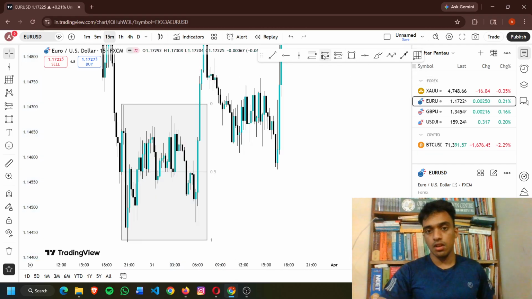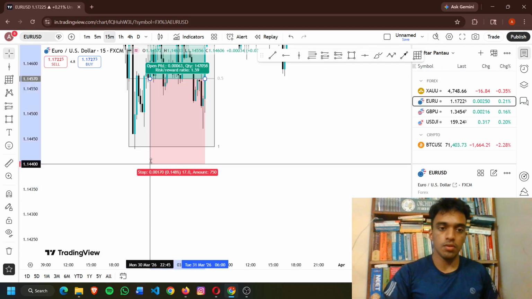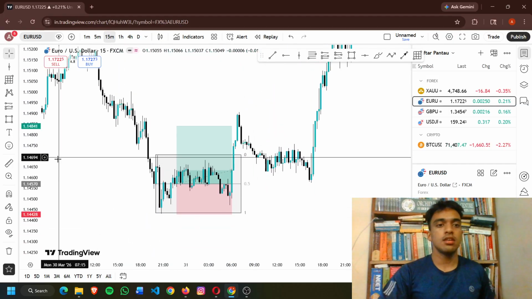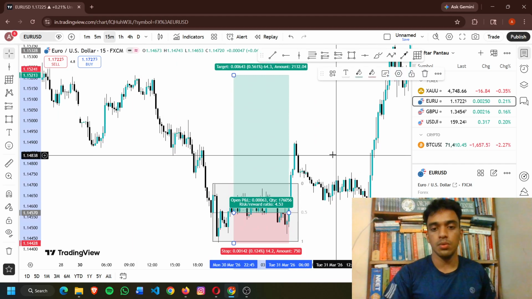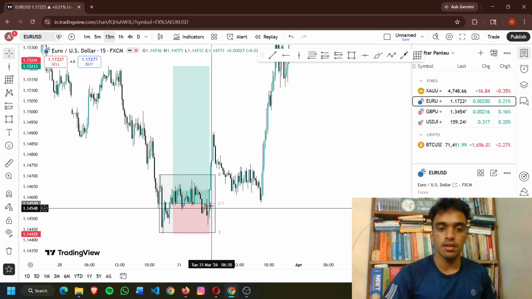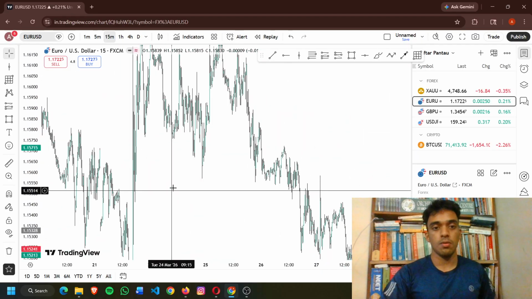Okay, buy limit order over here, kept your stop loss over here, and then boom, target the next area of liquidity. That is a 1 is to 4 trade, guys. We want a 1 is to 4 trade. I hope everything is making sense now.